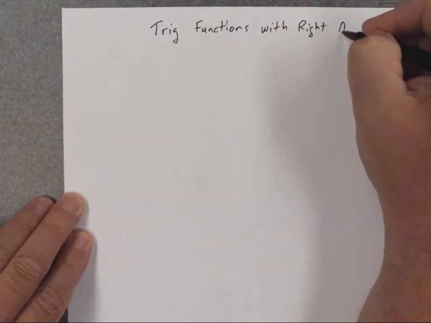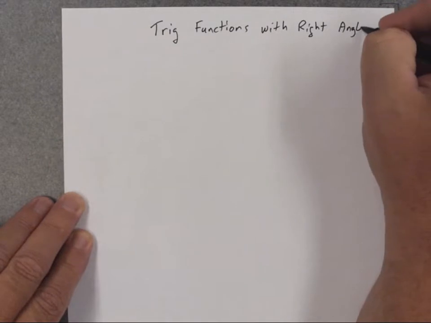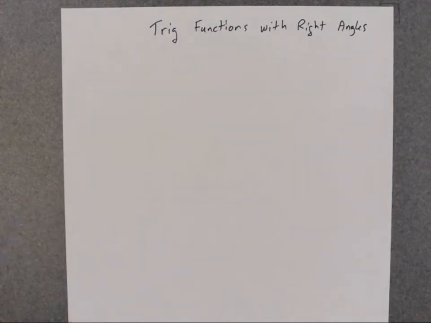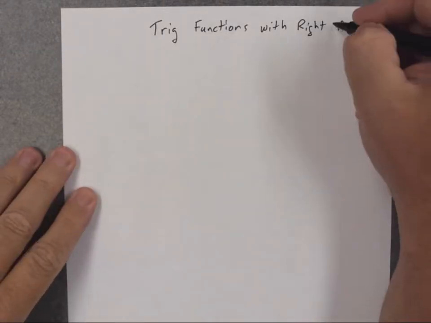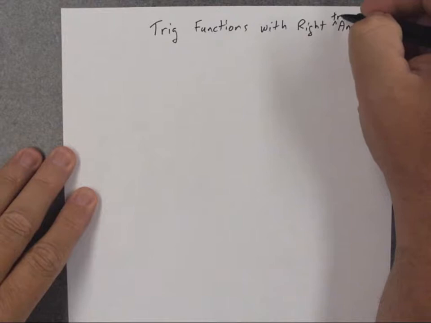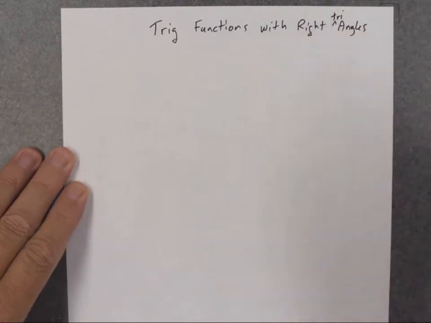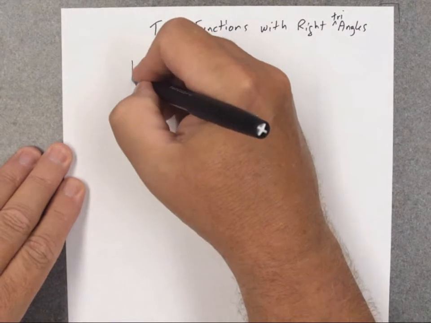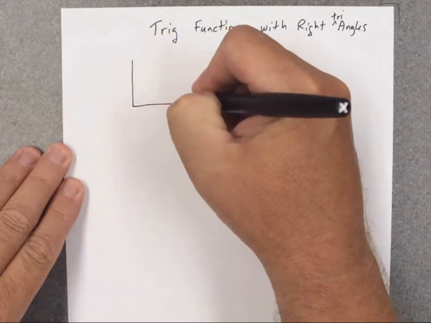So this is normally the way we first try and define trig functions. Actually not, let me change that, right triangle. Not just right angle, right triangle. A right triangle is normally drawn this way.